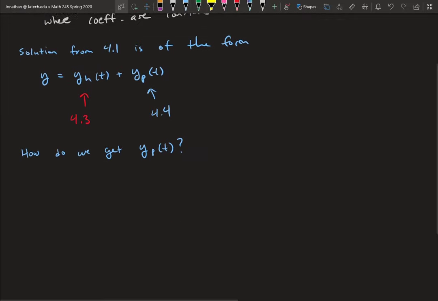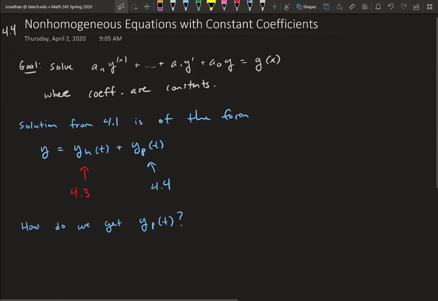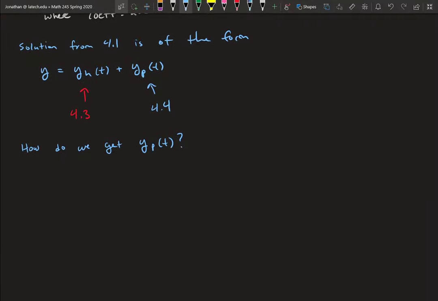So what do we do? We guess a particular solution. Y sub p is called the particular solution.